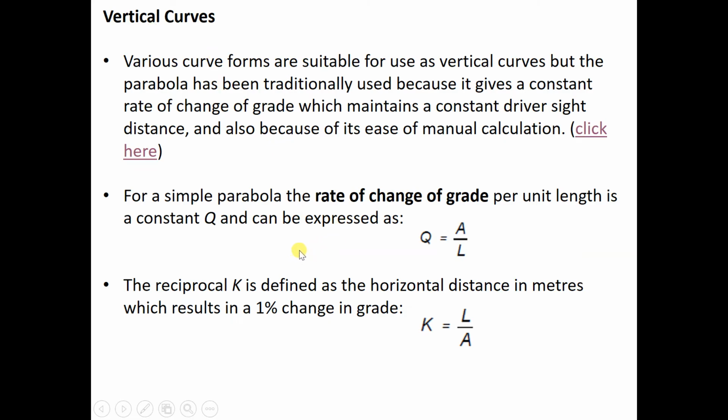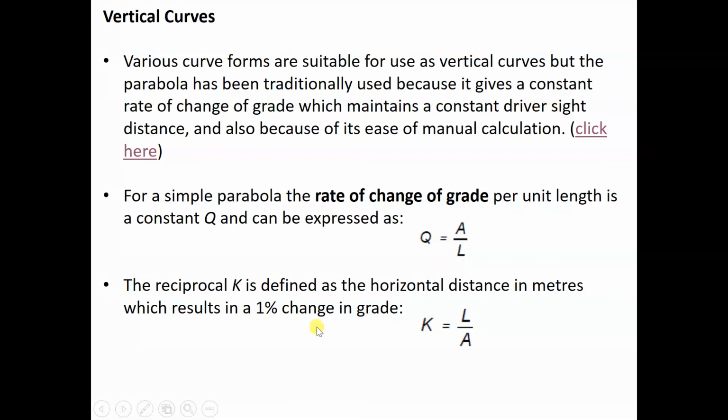For a simple parabola, the rate of change of grade per unit length is a constant Q. This one is the algebraic difference. Going up maybe 10%, going down 5%, minus 5%, so adding up, A is 5%, but the length of that could be 100 meters. That gives you the Q.